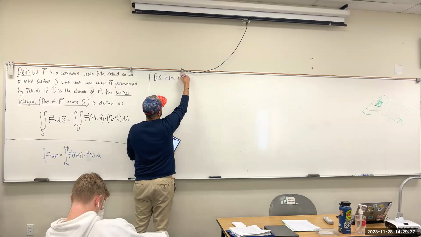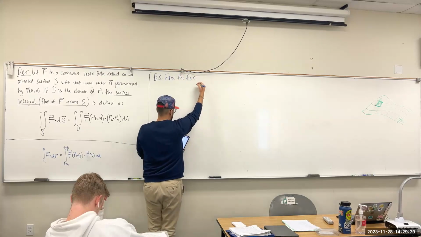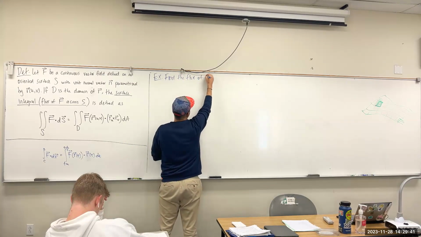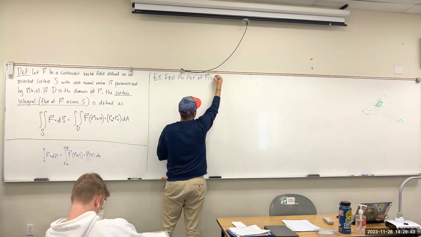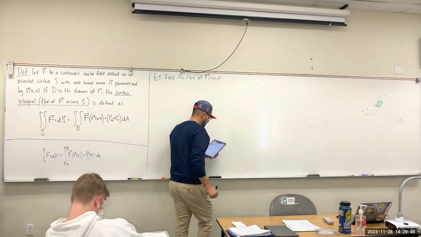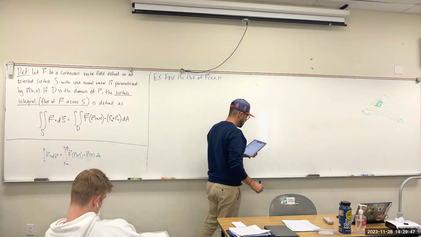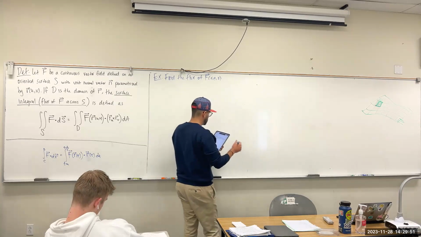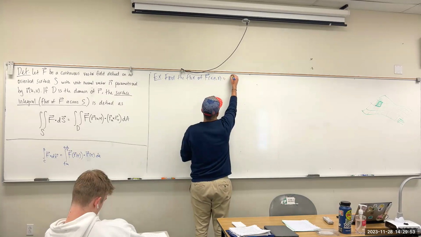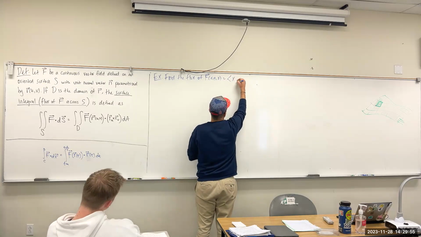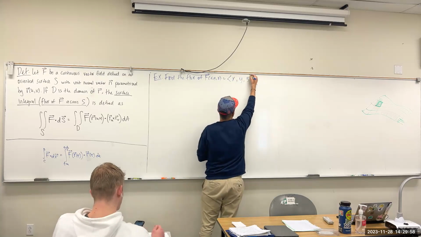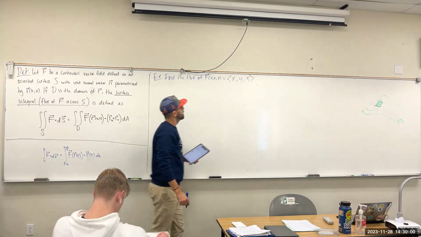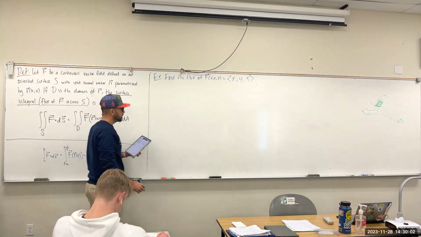It says find the flux of F(x, y, z), which we're going to use the vector field is not too gnarly. It's just x, y, 5, x comma y comma 5.